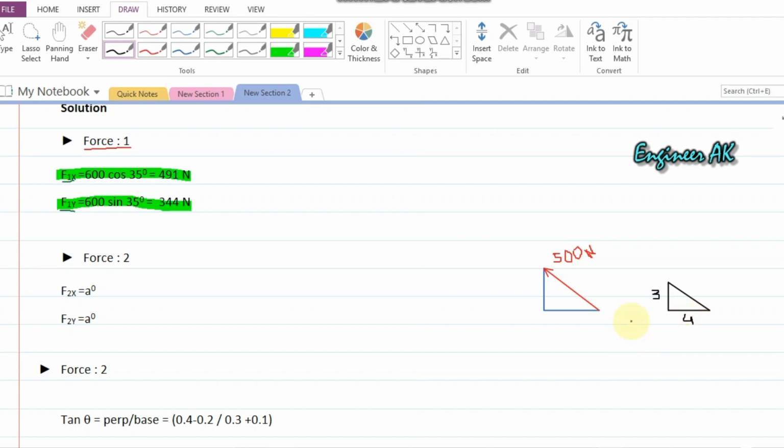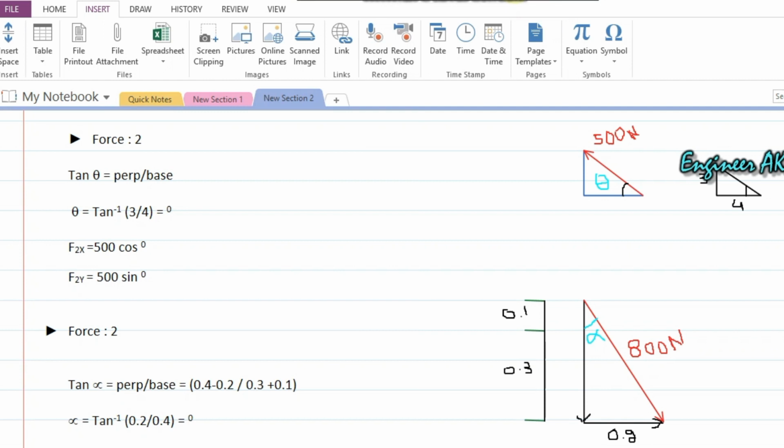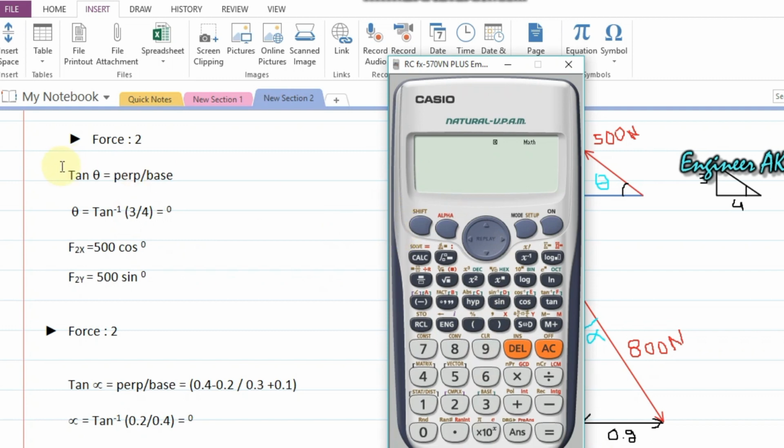Right, so now if I find this angle, these two angles are the same. So if I apply here a tangent formula, tangent theta is equal to perpendicular by base. So here the perpendicular is 3 and the base is 4, so 3 by 4. So let's plug in these values, and if I bring this tan to this side, it becomes tan inverse 3 by 4.